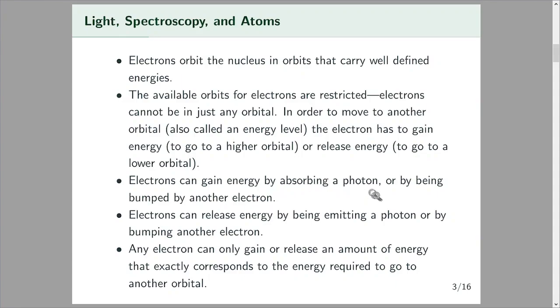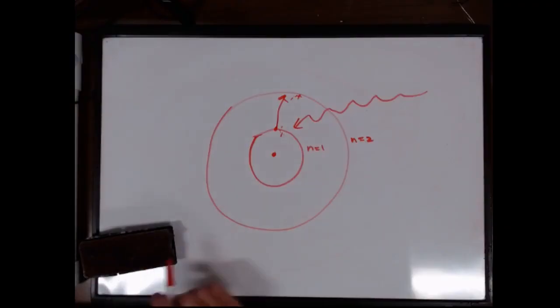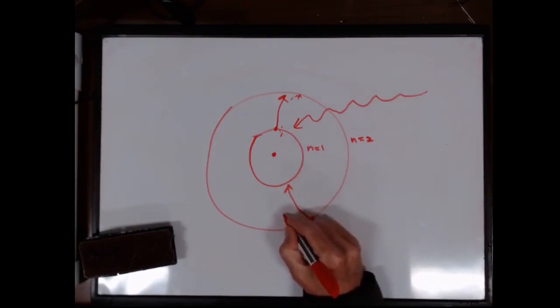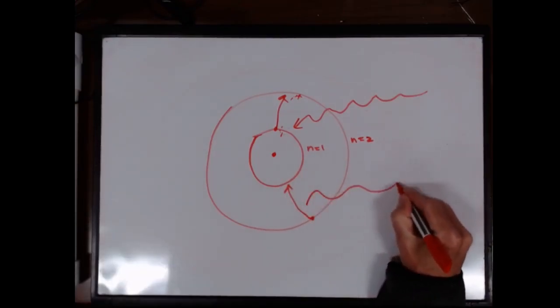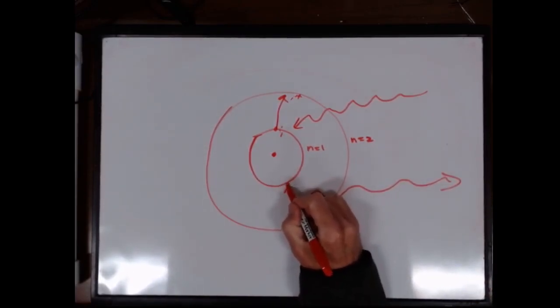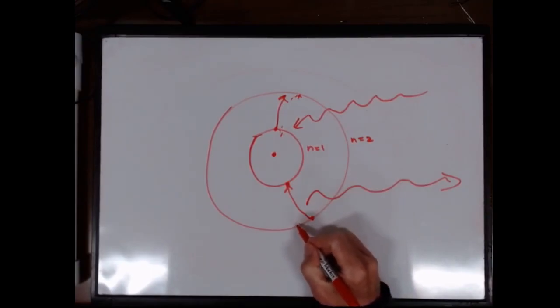Electrons can gain energy by absorbing a photon or being bumped by another electron or something else, but it's usually just being bumped by an electron. Electrons can also release energy. Now the electron's up here, and it's going to go down to here. It can spit out a photon, lose that energy, and drop to the lower level, or it can bump another electron.